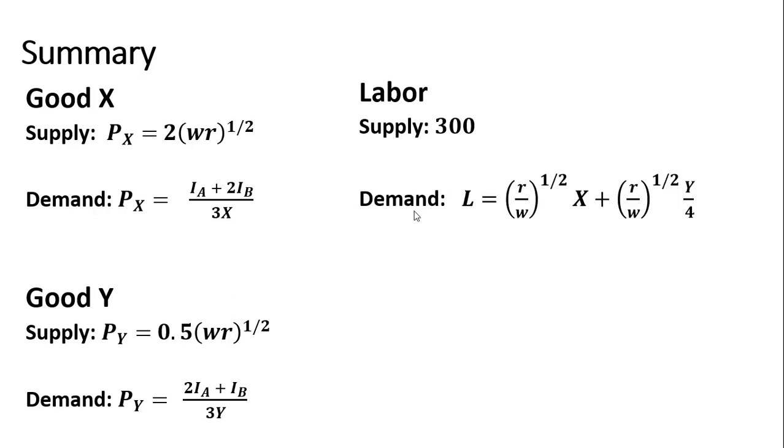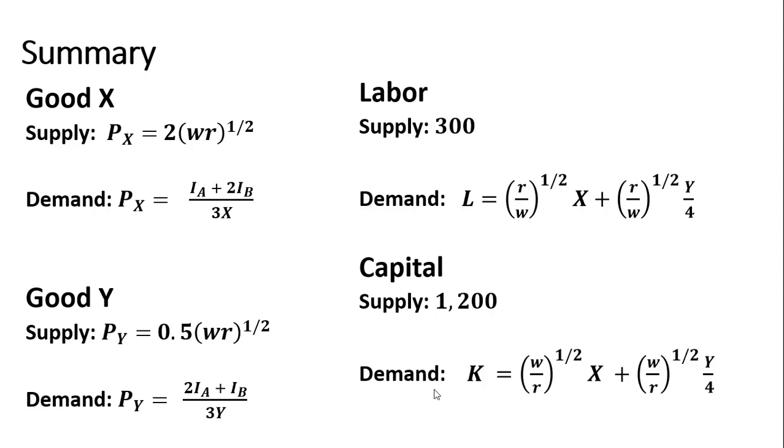And our market input demand for labor, we solved as follows. As for capital, the supply based on our initial endowments, by adding up the initial endowment of consumer A and consumer B's initial endowments of capital, is 1,200. And then we derive the market input demand for capital as follows. Okay, next step.